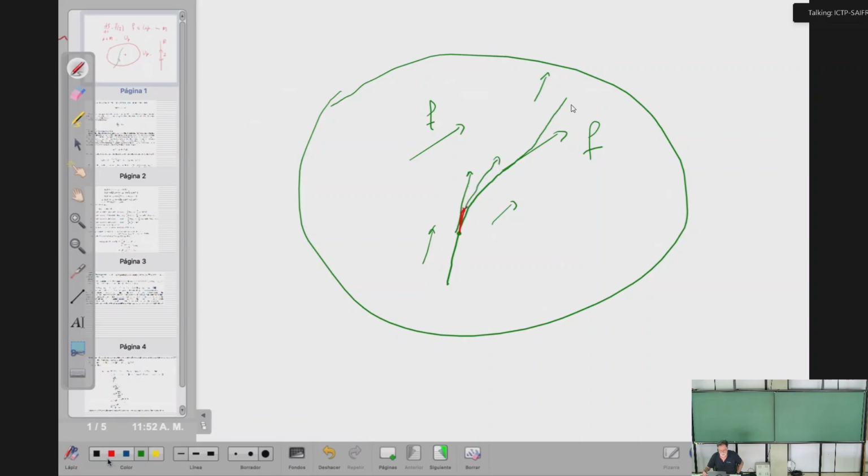So now you go from this point a bit along this. Suppose this point was x1, so this is the vector f at x1, and you go a quantity delta t, and then from there you reach this point x2.